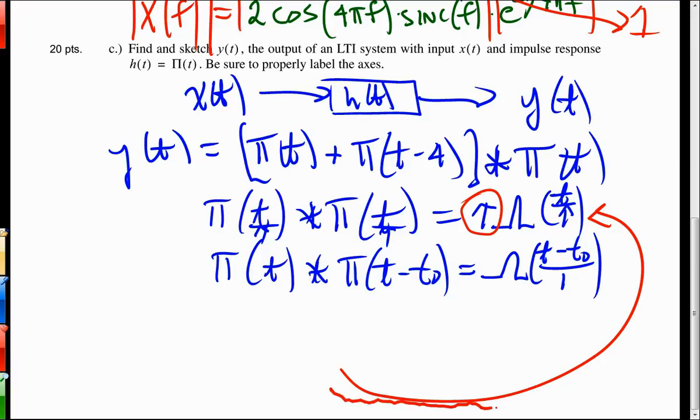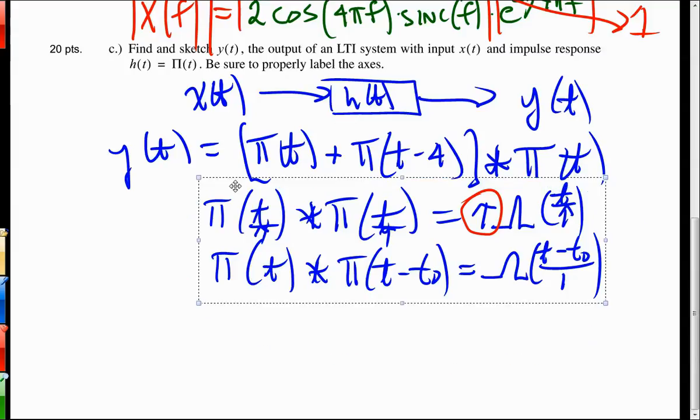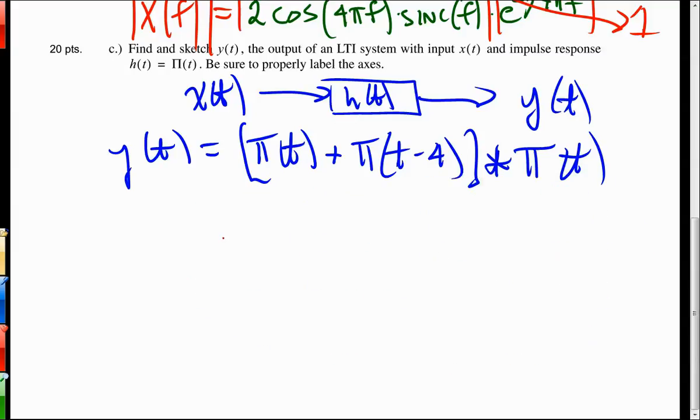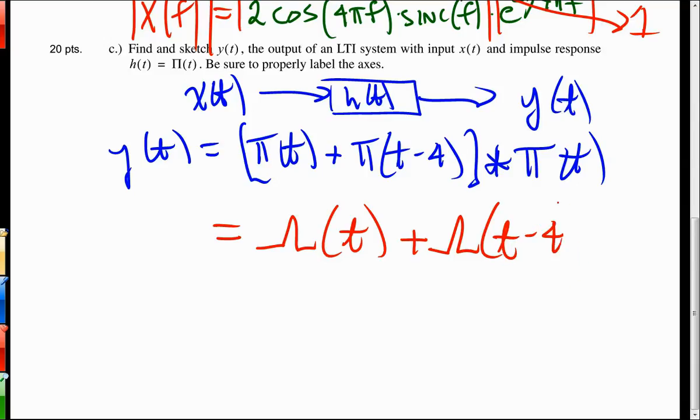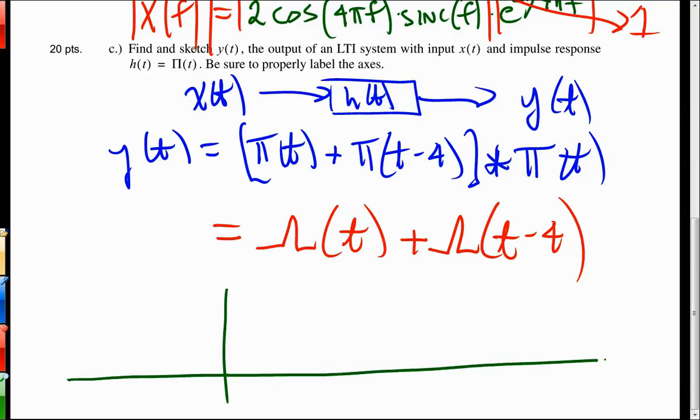Trying to get fancy with my erasing tool, and that didn't quite do what I wanted it to do. So now that I have those pieces put together, I guess I should just get rid of all this, since we kind of know how that works out. So you have two triangles, one shifted over by 4.